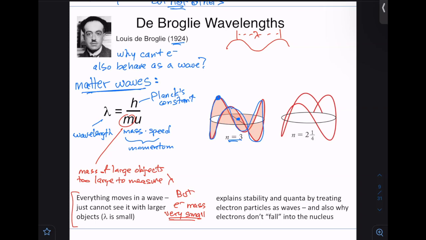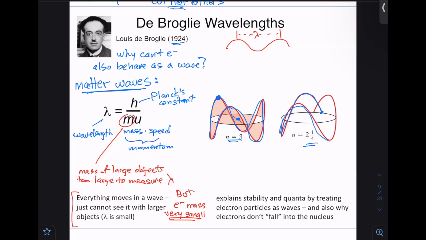Whereas if we have N equals 2 1/4, all right, let's start up here at the top. We'll go one cycle, down, up. Okay, so that's one cycle. Oh, here, I have to start somewhere else, sorry. Let's try that again. Let's follow along here. Let's start down here, start at the center. So up, down, up, that's one cycle.